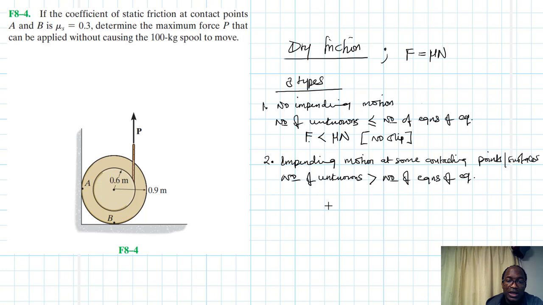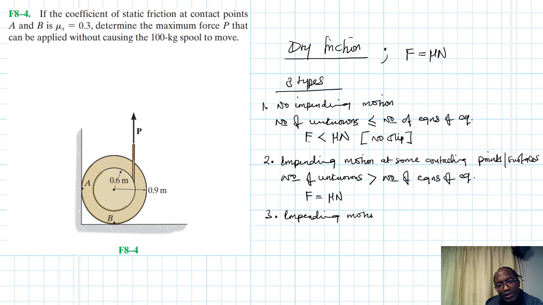If this is the case, we are going to be forced to add additional equations, and we are going to invoke or use the friction equation F equal to mu N.